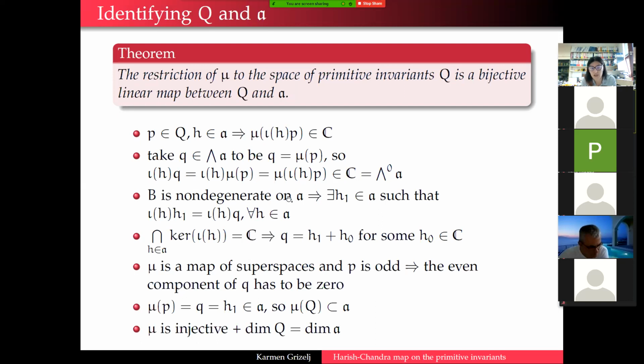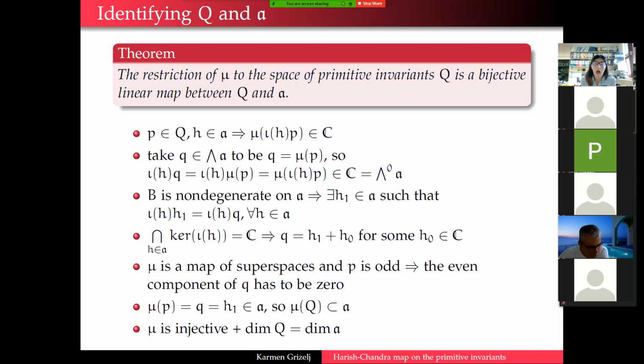And now, since it's not degenerate, this element we get has to come from some element H1, because B is non-degenerate on A. So there has to exist some H1 such that this number here is exactly iota H applied on H1.